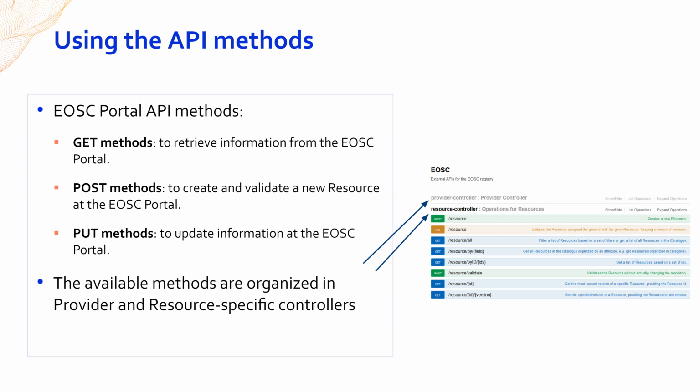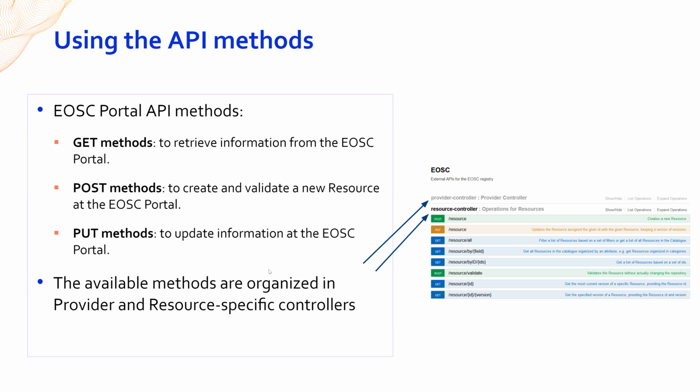Again, this is a REST API. We've tried to be as close to the REST methodology and principles as possible. So you have GET methods to get information from the portal, details about resources and providers. You have the POST methods to create new resources in the catalog, and the PUT methods, which are used to update information.